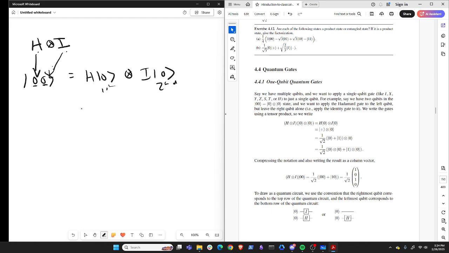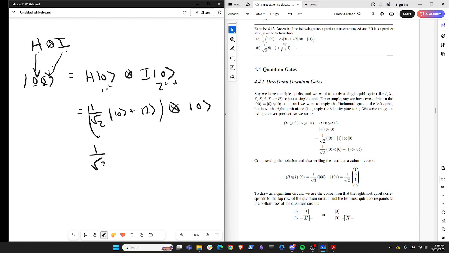So we wind up with 1 over square root of 2 times state 0 plus state 1, tensor product with state 0. That will distribute through, and what we wind up with is 1 over square root of 2 times 0, 0 plus 1, 0.